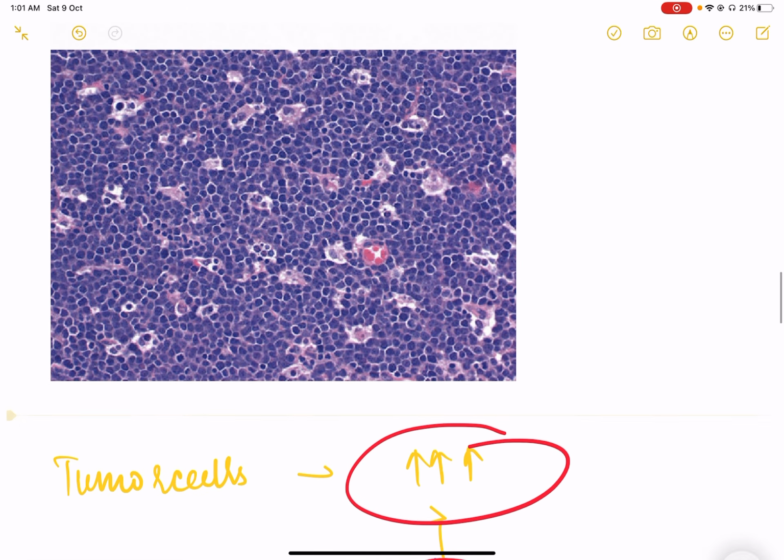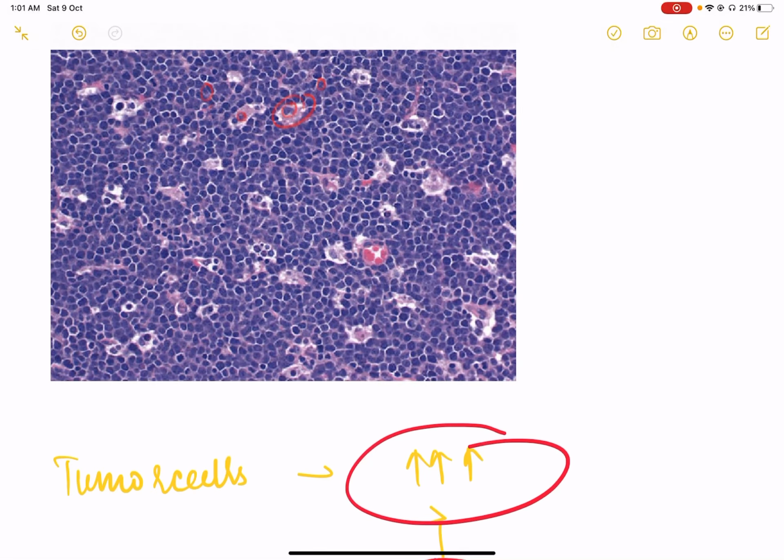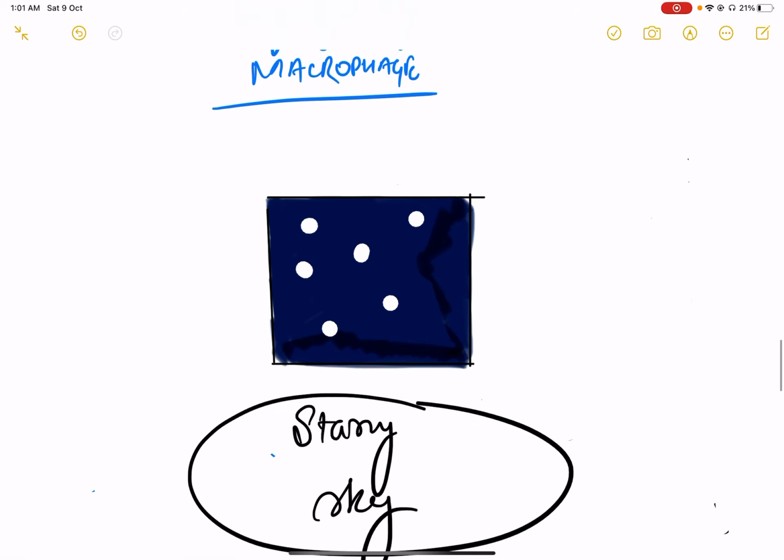And what you will see in this picture is that all these blue cells that you're seeing are tumor cells, as this lymph node is full of tumor cells which appear blue, and these are macrophages which are engulfing small apoptotic cells. So in the background of these blue cells, there will be some clearing by the macrophages which will be engulfing.